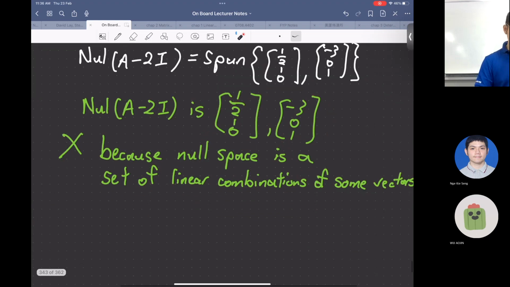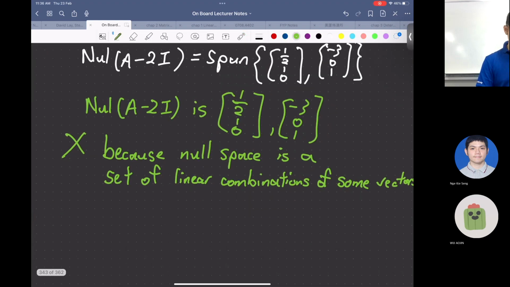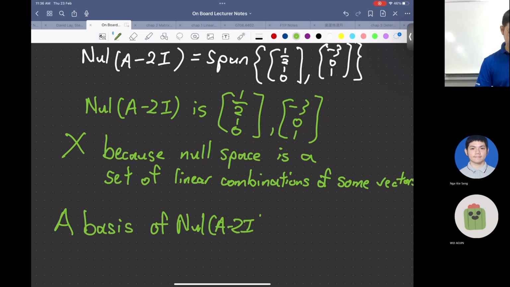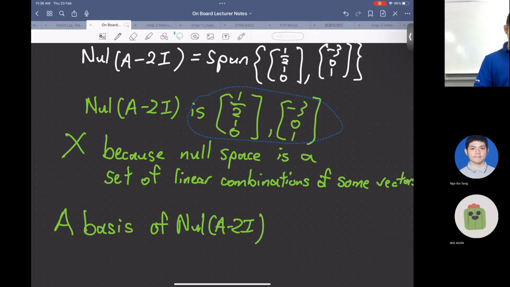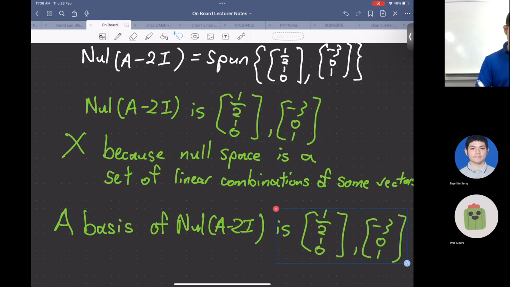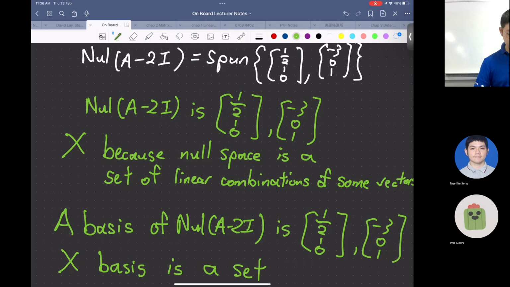Also, in the test you also write a basis of A minus 2I is also like these two. This is wrong. Why is it wrong? Because basis is a set.